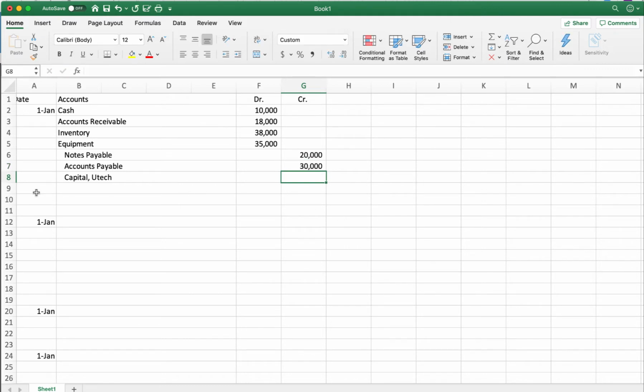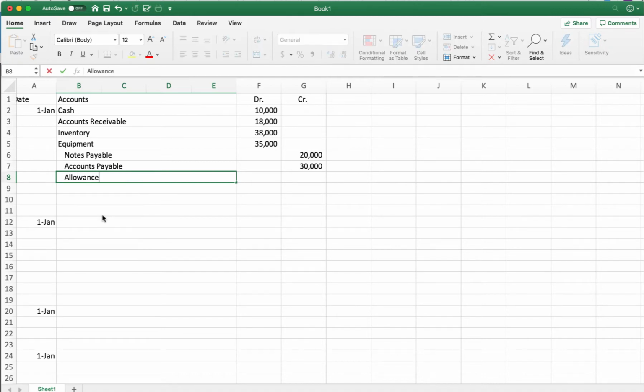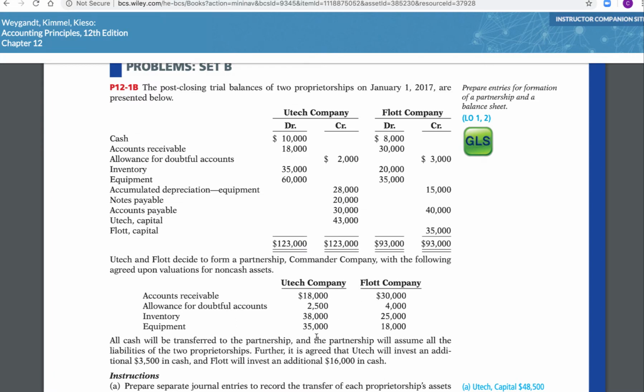Okay. Now, I missed one here. So I'm going to delete my UTEC capital. I need to credit my allowance for doubtful accounts. Okay. So let me go back over. Well, originally, UTEC guesstimated that their allowance for doubtful accounts is 2 grand.